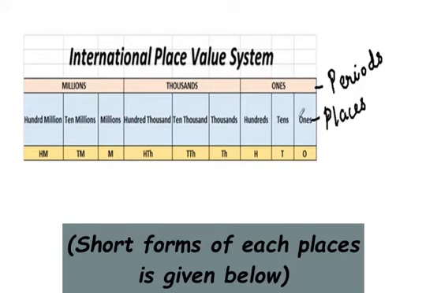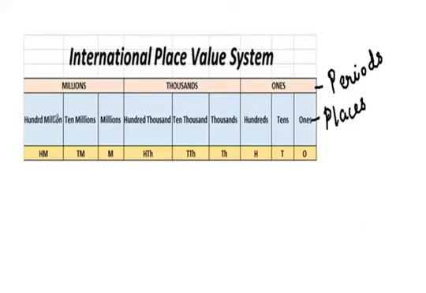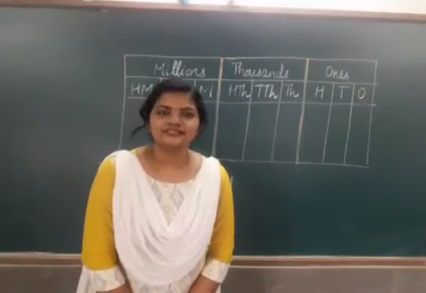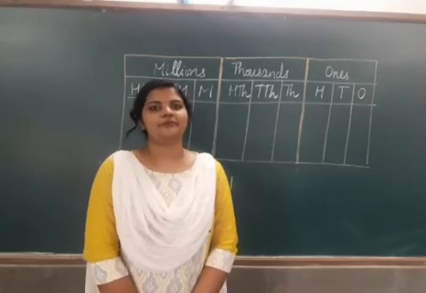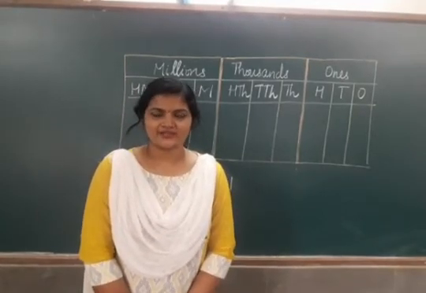In the ones period we have ones, tens and hundreds places. In the thousands period we have 1,000s, 10,000s and 100,000s places. And in the millions period we have millions, 10 millions and 100 millions. Hope you understood about the places and periods in the International Place Value System.